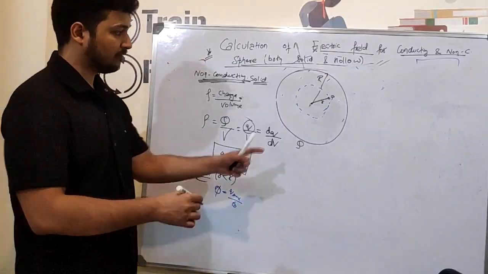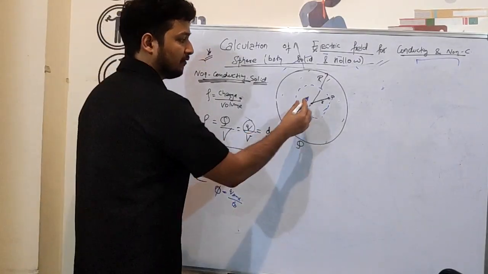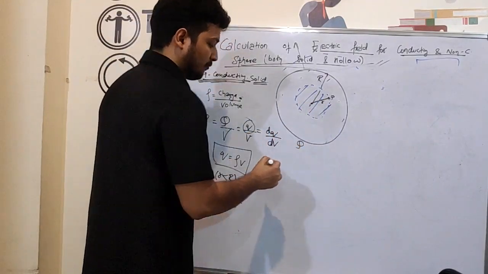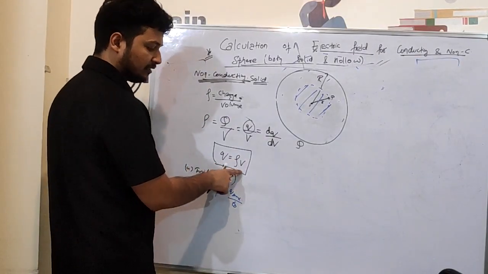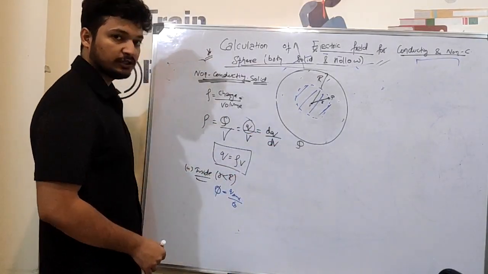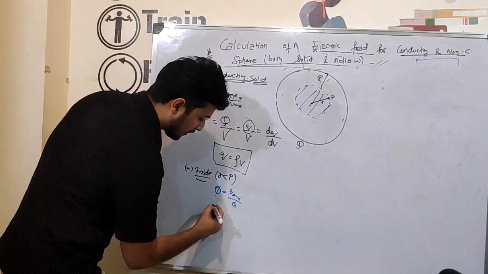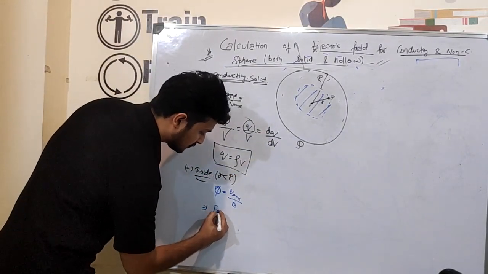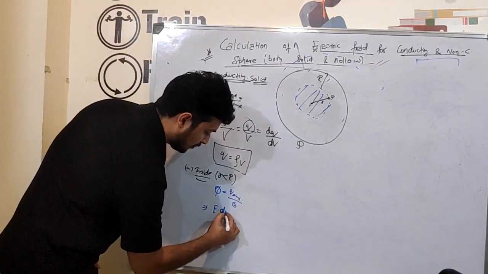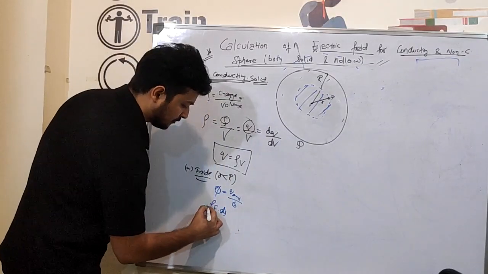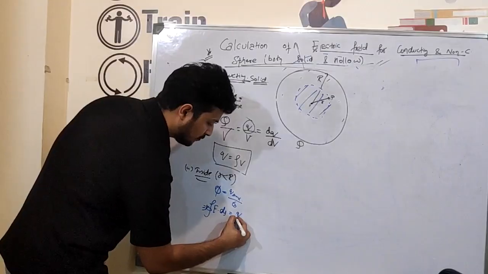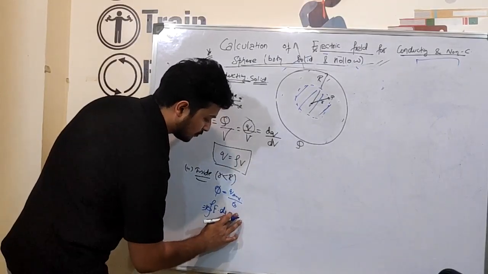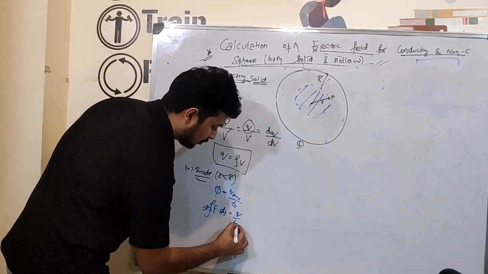And we have done the basic mathematics. The charge that will be enclosed inside it will simply be the small charge Q, equal to the charge density multiplied by the small volume of this sphere. So if we are trying to calculate the electric flux, which is integration of E dot dS, it equals the charge enclosed, Q divided by epsilon naught.